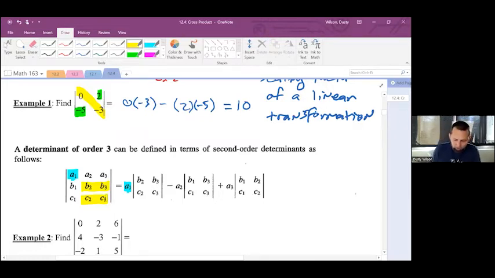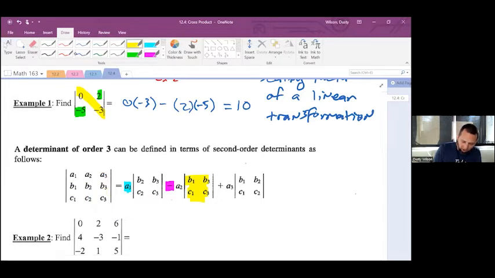If you will, take the A1 and then cross out everything else that's in that row and that column, and so multiply A1 by the determinant of the stuff that's left. And then we will subtract, and we move over to the A2. We cross out everything that's in the A2 row and A2 column and multiply by the determinant of the stuff that's left.